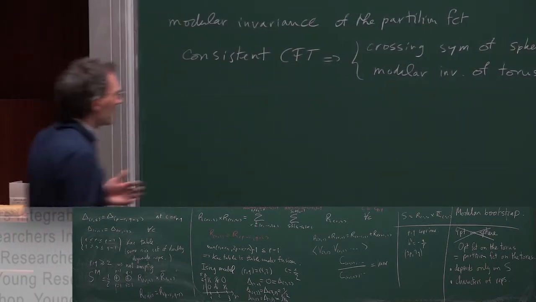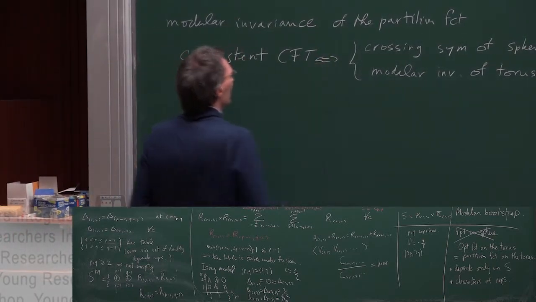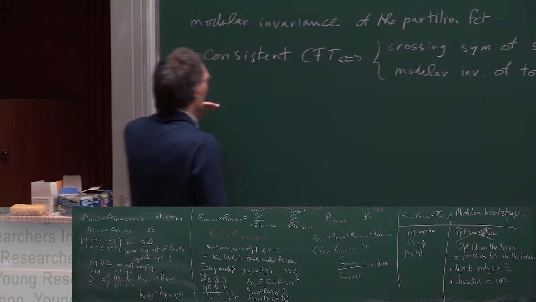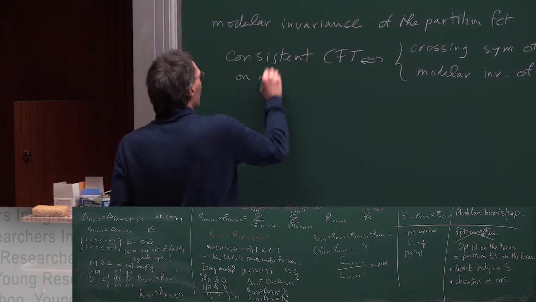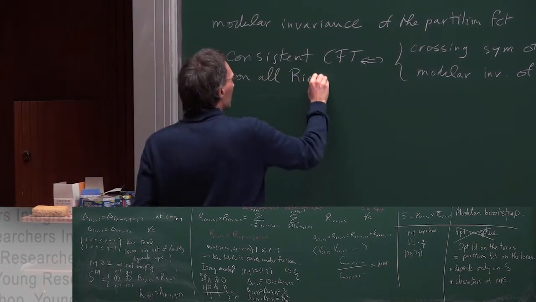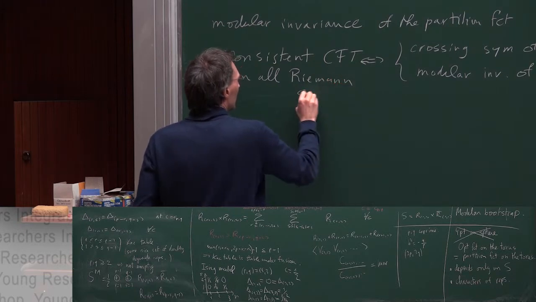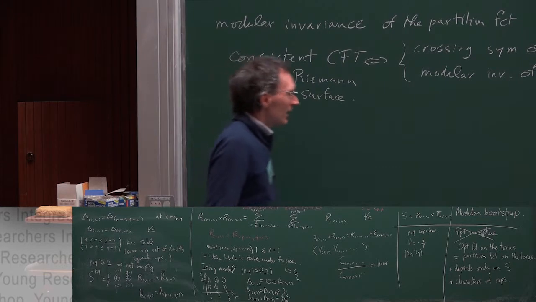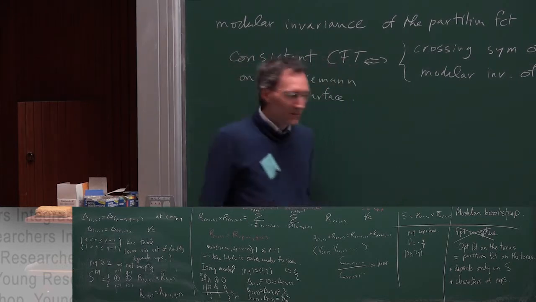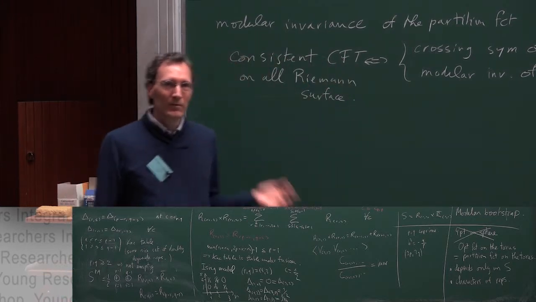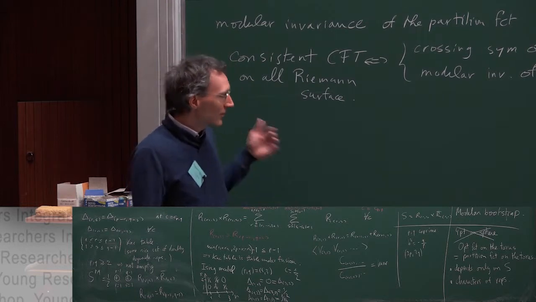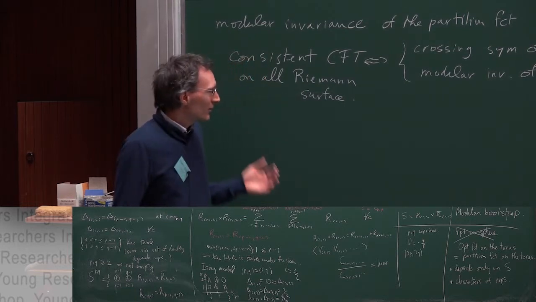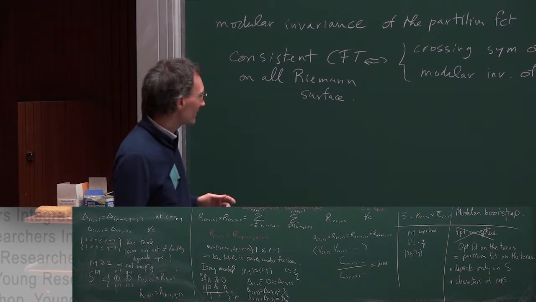And if you have that, essentially you have a consistent conformal field theory on all Riemann surfaces. So that's the result of Moore and Seiberg, which is originally true for rational conformal field theories, but it's suspected to be essentially true also for some non-rational conformal field theories.